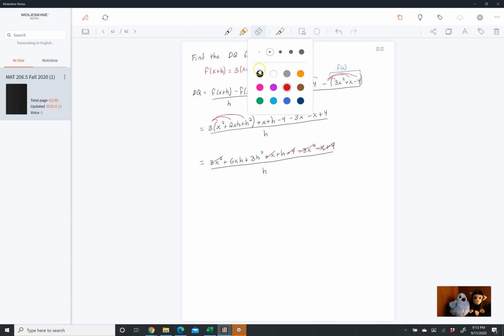And then at our next step, we get 6xh plus 3h squared plus h over h. Every term has an h, so we could cancel out an h. That will always happen. This will always be your last step.